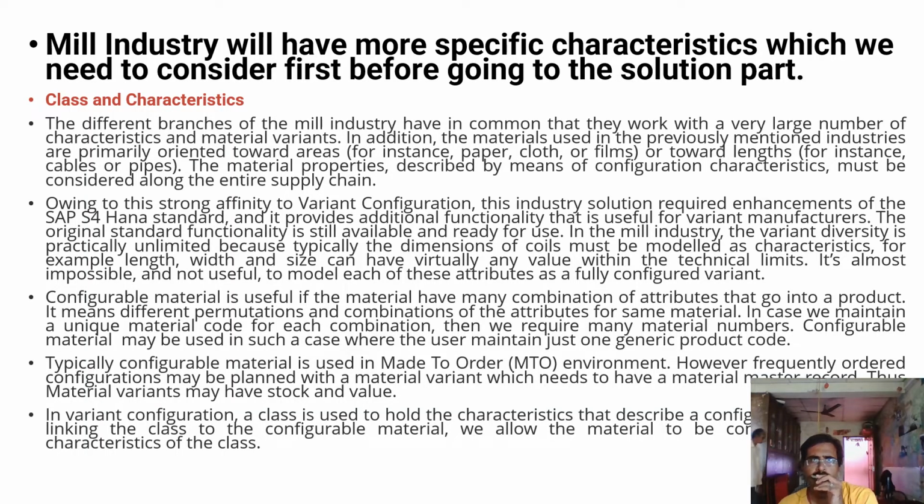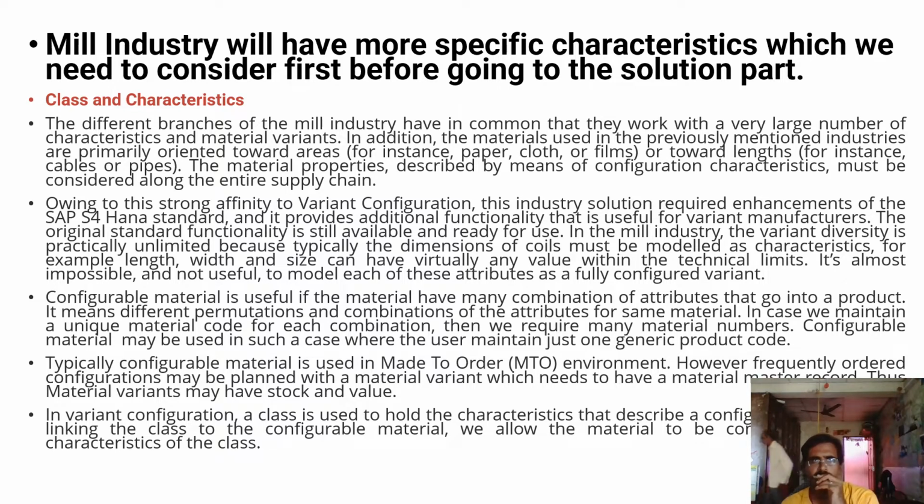So the mill industry has more specific characteristics or features which need to be considered before going to the solution part of implementation, right? Definitely each industry will have a specific solution, and in particular, the mill industry has a lot of unique characteristics that separate it from other lines of business.